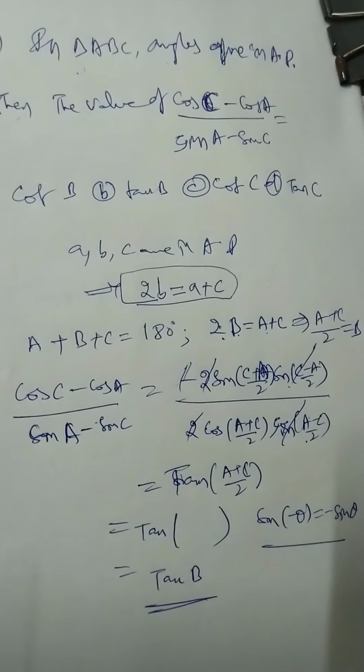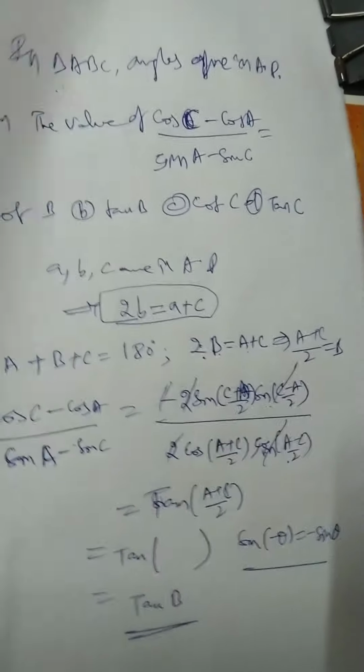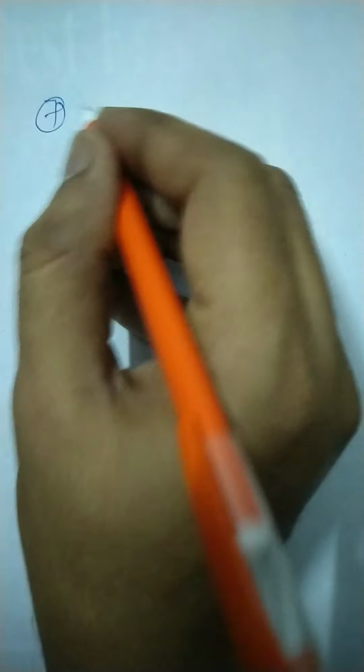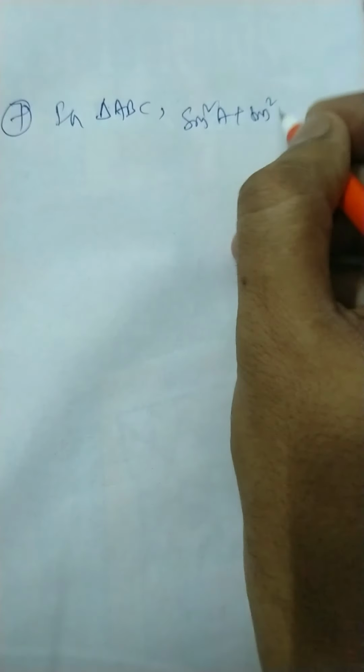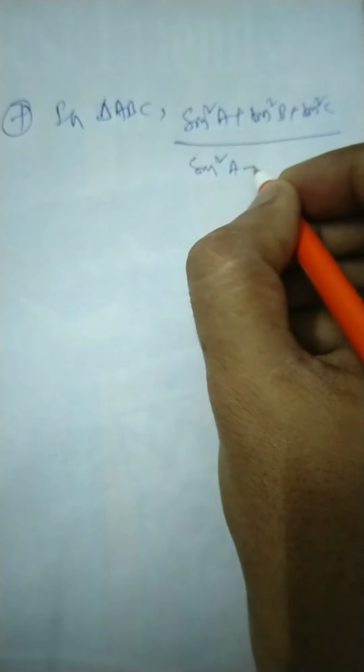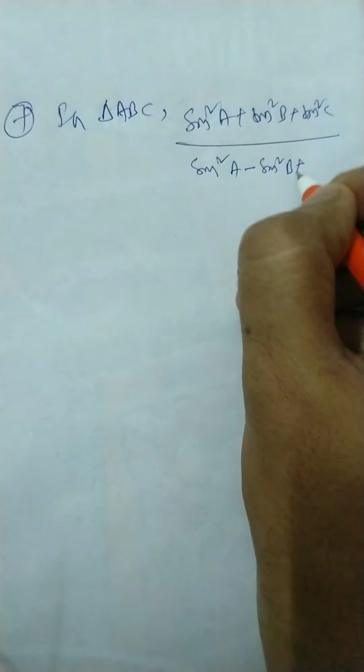Now we will take another problem in transformation of angles. In triangle ABC, (sin square A plus sin square B plus sin square C) by (sin square A minus sin square B plus sin square C) is equal to.